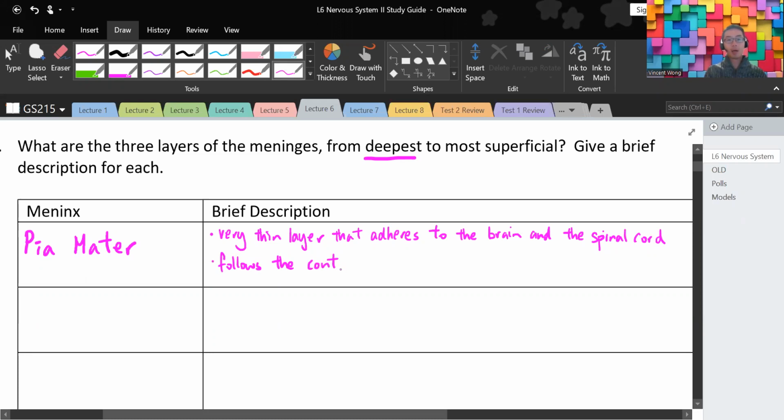Contour means all the bumps and all the grooves, the contours of the brain and spinal cord. Okay, so there you have it. That is the pia mater, the deepest layer of the meninges.